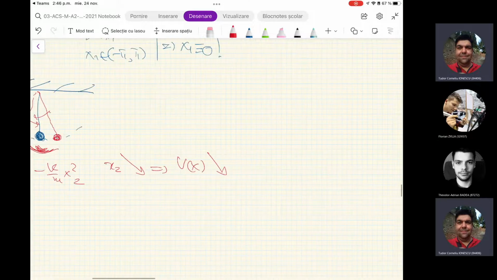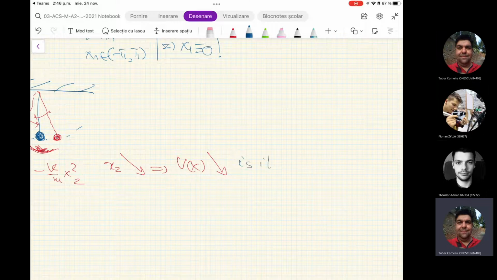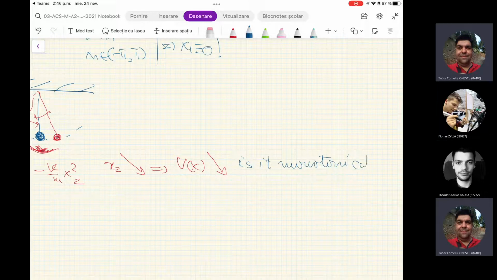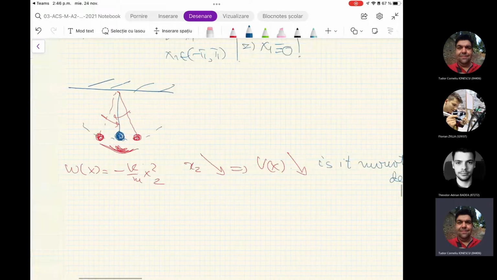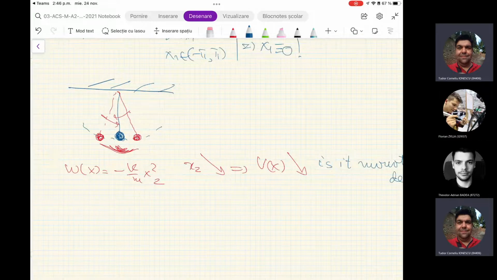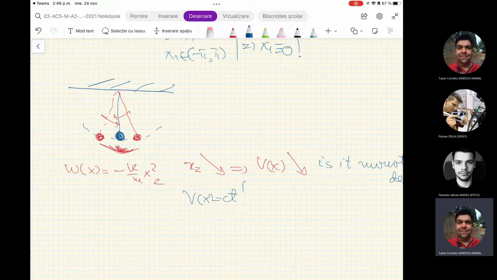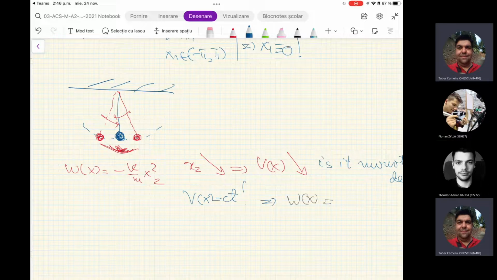And then at a certain point, so the energy is decreasing. Is it monotonically decreasing? That's the question. Well, let's see where the variation of the energy is. Let's see where V of x is constant. V of x constant means W of x, which is V dot of x, equals 0. Agreed?